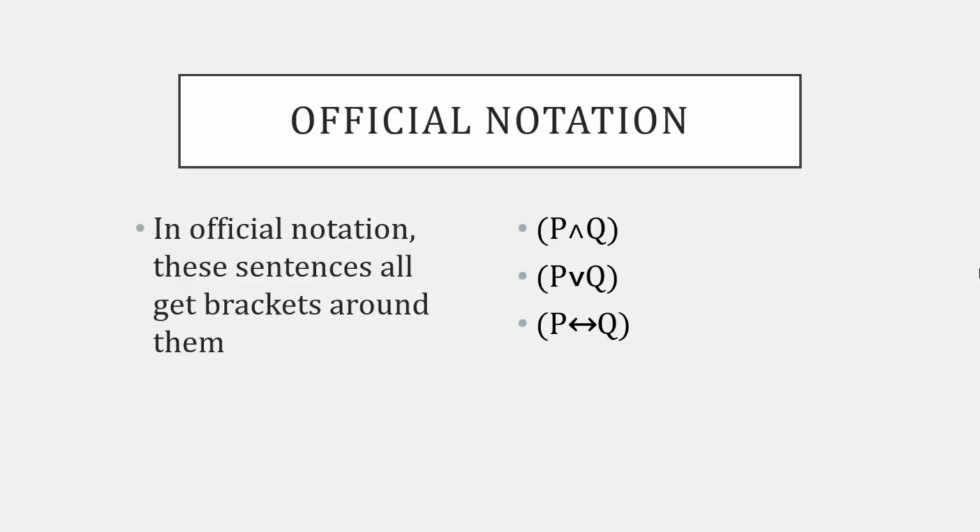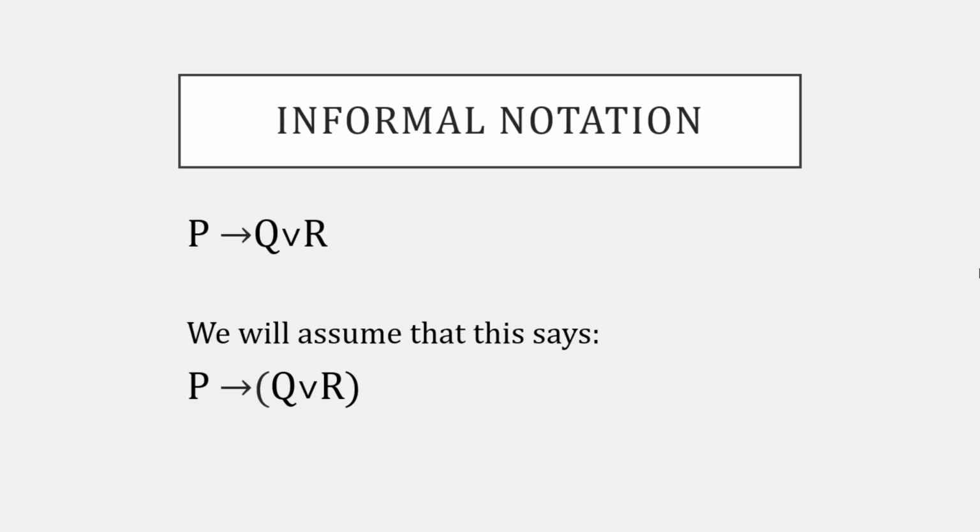Informal notation here is a little bit trickier. So for the informal notation, if you have a mixture of a conditional and either a conjunction or a disjunction, then we're going to assume that the major connective is the conditional. If you see the thing on the top, we're going to assume that it says the thing on the bottom. So we didn't clear it up with brackets, but if you don't see the brackets, then the conditional is the major connective of that sentence.